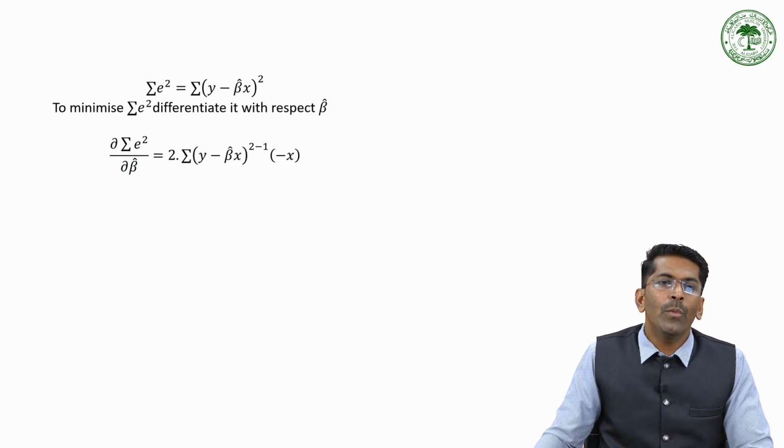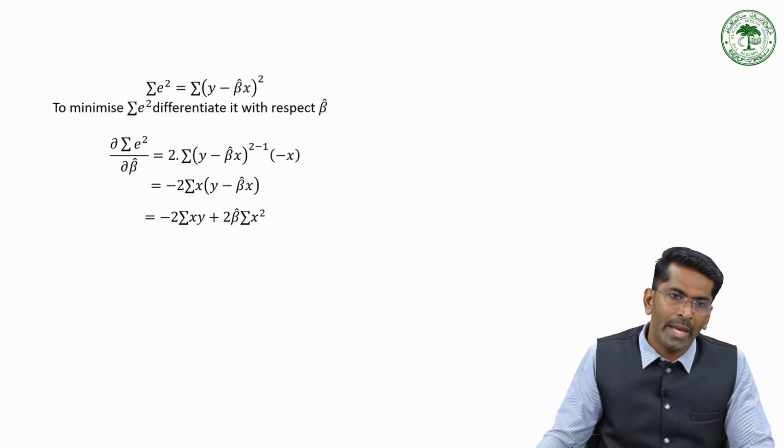Now I am going to multiply minus x with 2, so we can write it as minus 2 sum of x, then in the bracket y minus beta hat x, and 2 minus 1, the power becomes 1. Now we can open this bracket, so it will become minus 2 sum of xy, and minus minus becomes plus, so plus 2 beta hat sum of x into x, which becomes sum of x square.